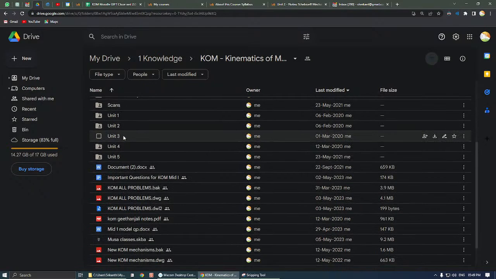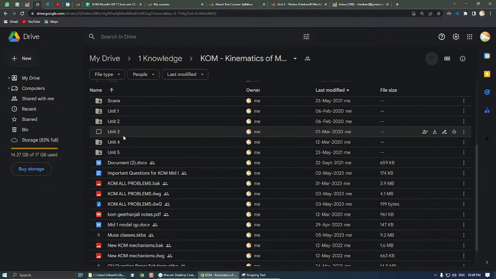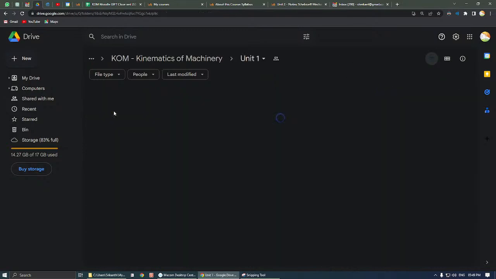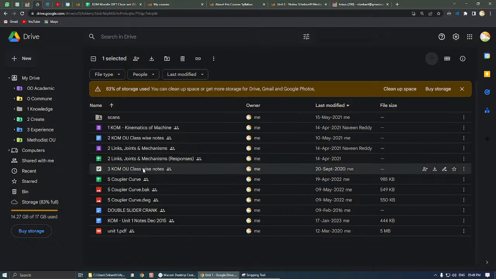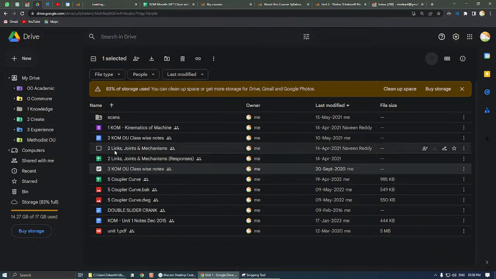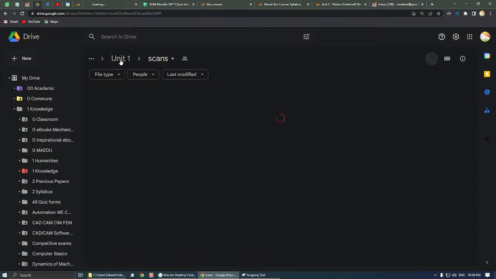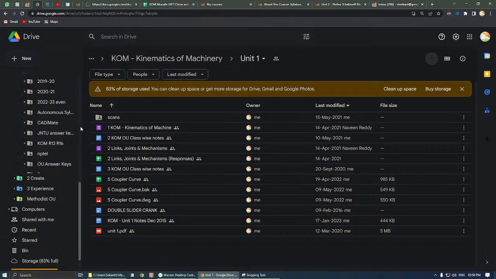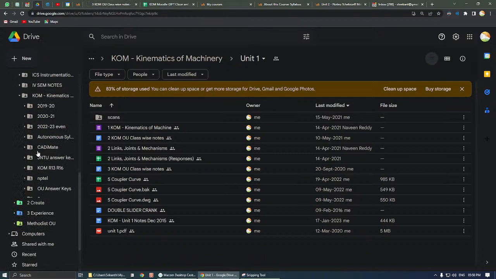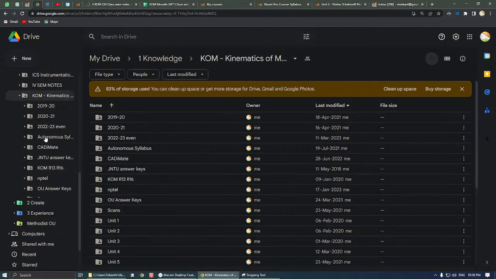And here somewhere, I don't know, there is a problem happening here because it's not showing the entire thing that it is supposed to.